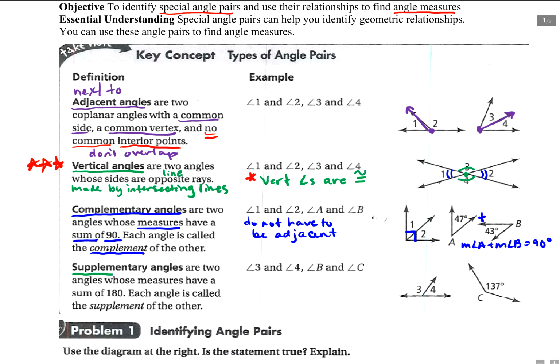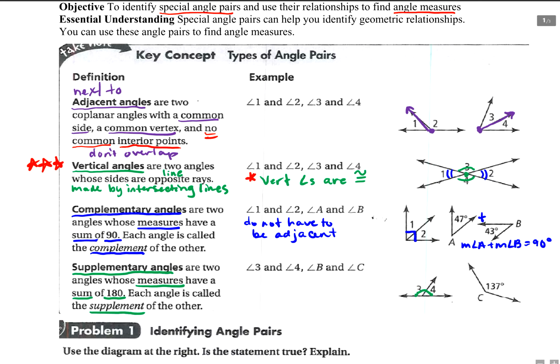Okay, and supplementary angles. Supplementary angles, the measures sum to 180 degrees. And these angles are supplements. So if we look here, we have a line, angle 3 and angle 4. These are adjacent angles, and they sum to 180 degrees.